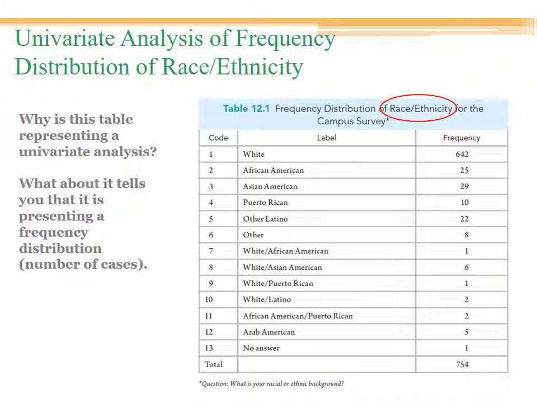The list, white, African American, Asian American, and so on, are the response options within the one variable of race and ethnicity. So this is a univariate analysis. We know that it's showing us frequency, the number of cases, because it tells us here at the top. This is also an example of a nominal level of measurement. So the options are offered in categories, but they're not in rank order.